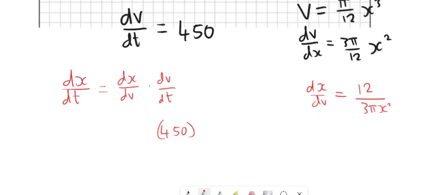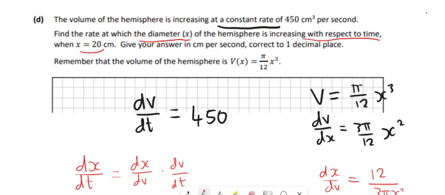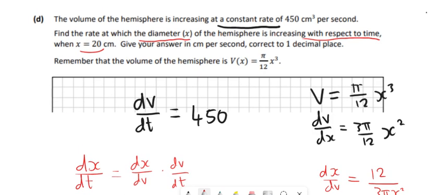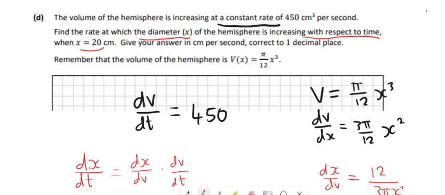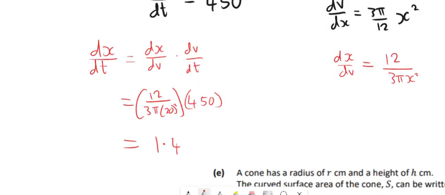So 12 over 3 pi times 20 squared, and we multiply all of that together. If you put all that in, you should get 1.4. That's the rate at which the diameter is increasing, so it'll be in centimeters.